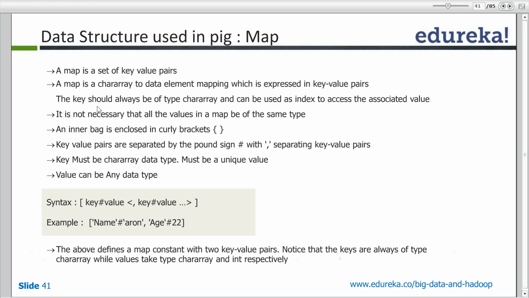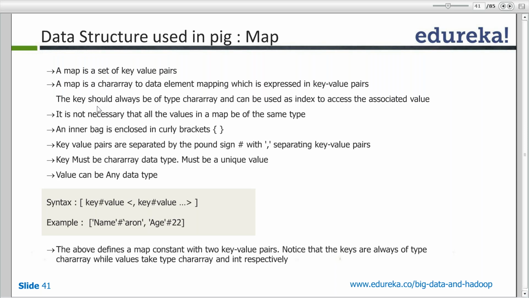The key can be used as an index to access the associated value. It is not necessary that all the values in a map be of the same type. Again, we're dealing with variety of data as we're dealing with big data. So the value type can be anything, but the key type should be char array.